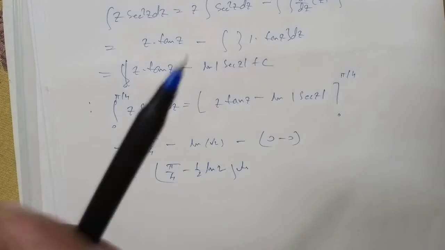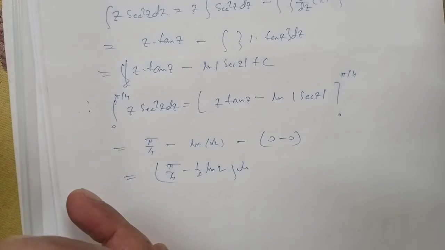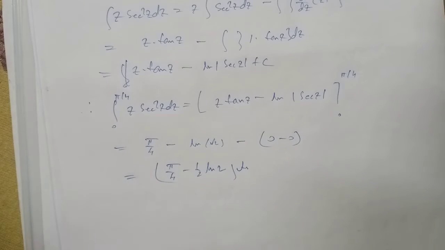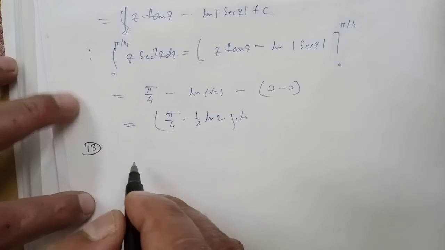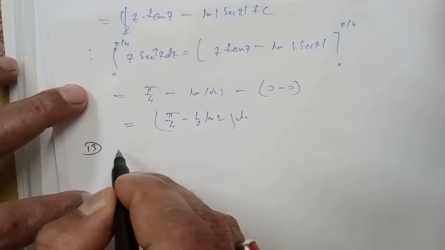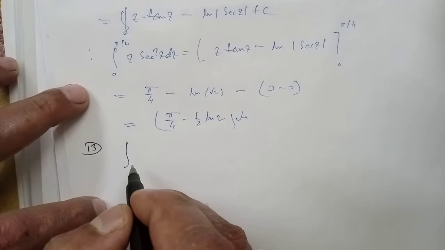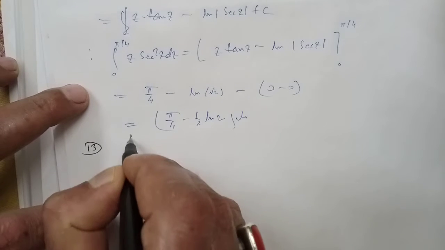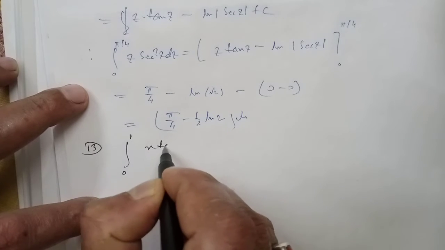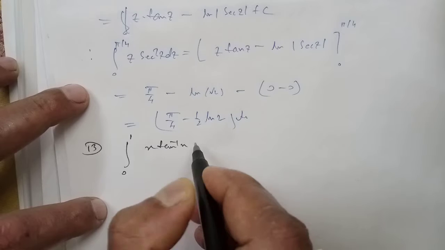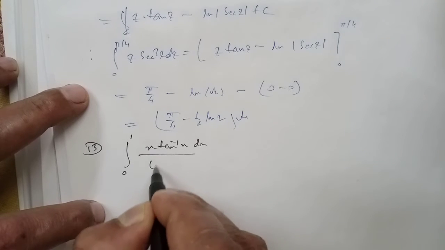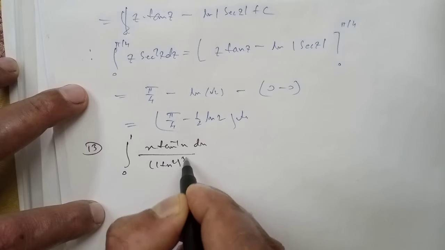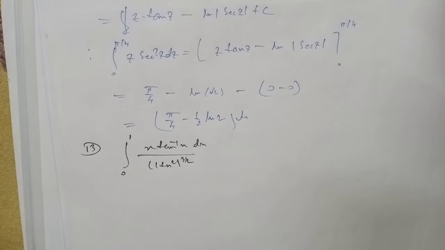Okay, then we have to go to problem number 13. This is integration 0 to 1 x tan inverse x dx by (1 plus x square) to the power 3 by 2.